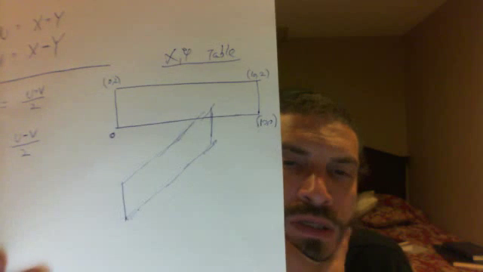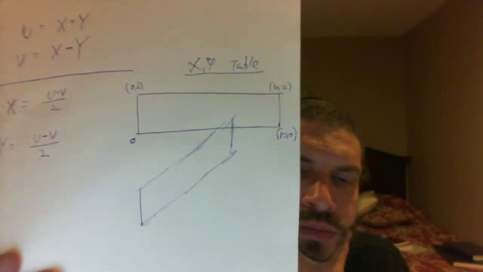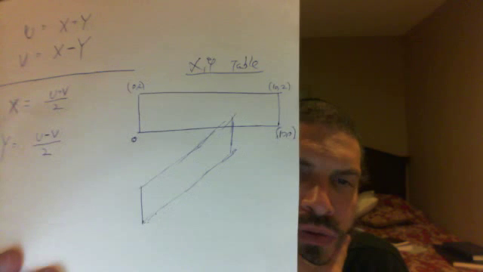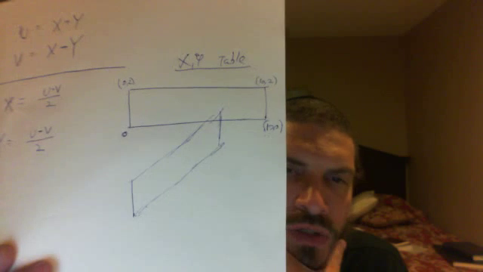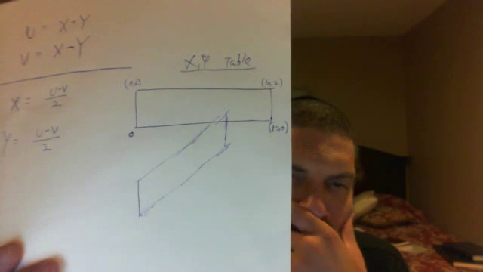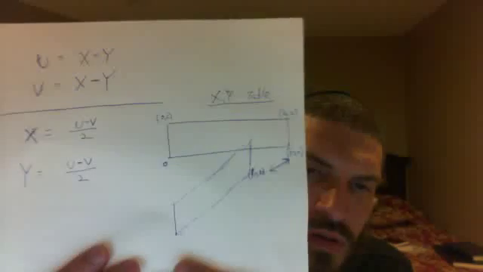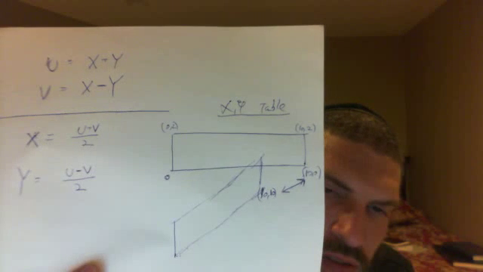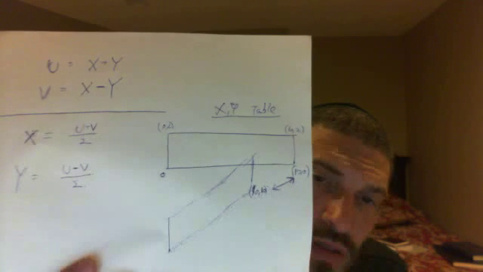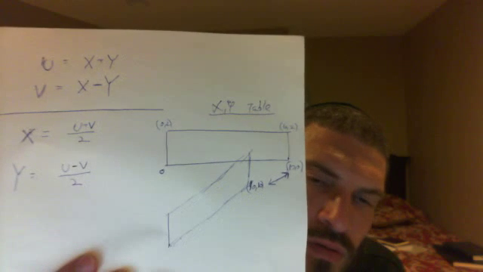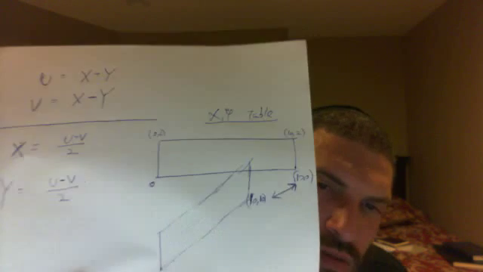Point 10, 0 will be pushed up. U will be x plus y, that's 10, and V will be x minus y, also 10. So the point, I'll write 10, 10 here. 10, 0 is corresponding to 10, 10. The point 10, 2 will be 10, 12. Why?